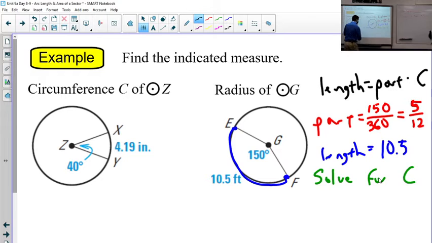And so, within the formula, what that's going to look like is our length, we know, is 10.5, equals our part, 5 over 12, times our circumference, which we don't know.